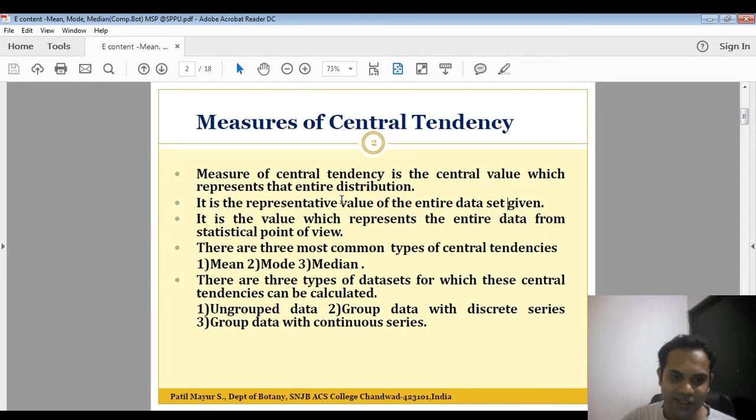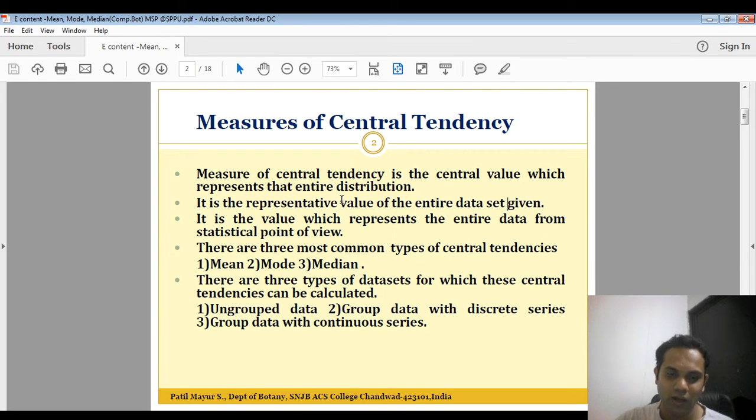We're going to see all of these in this lecture, but due to time constraints, we will not be able to complete it. These are the three different types of measures of central tendency, but we have to study them for three different types of data sets.